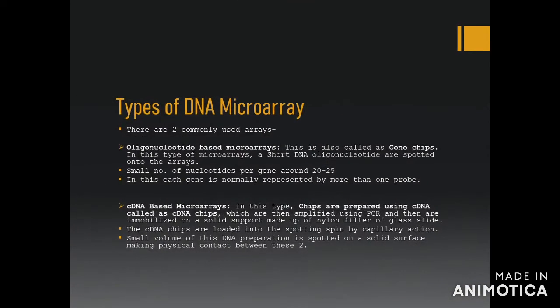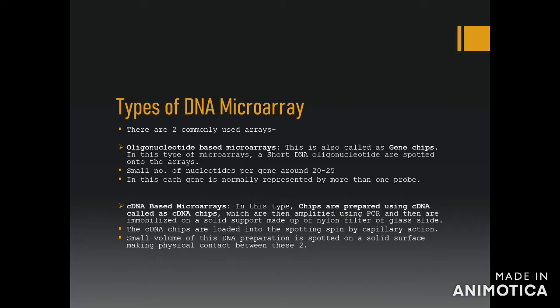Coming on to the types of DNA microarray, there are commonly two types of microarrays being widely used: oligonucleotide-based microarray and cDNA-based microarray. The first one is also called a gene chip.